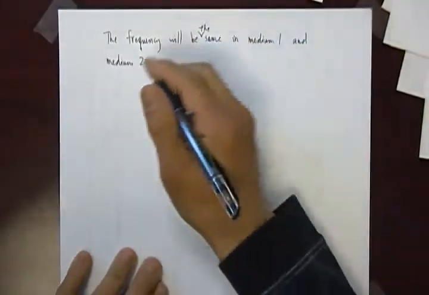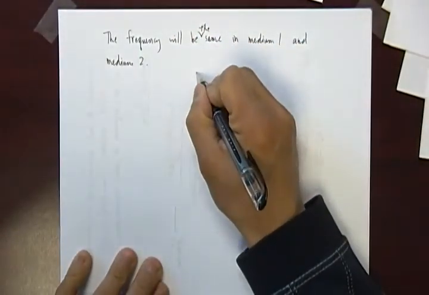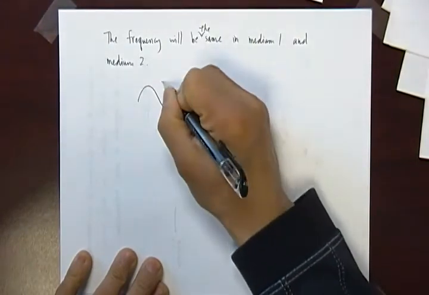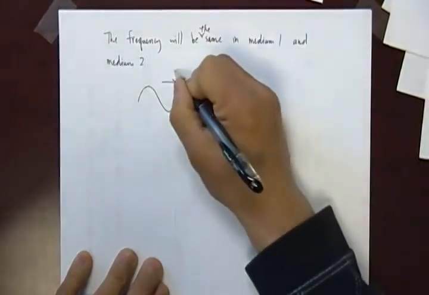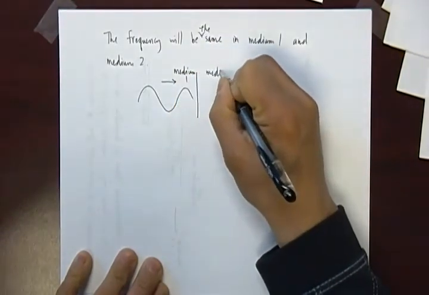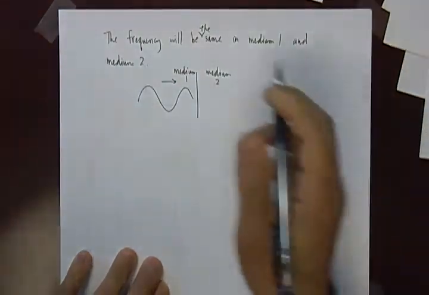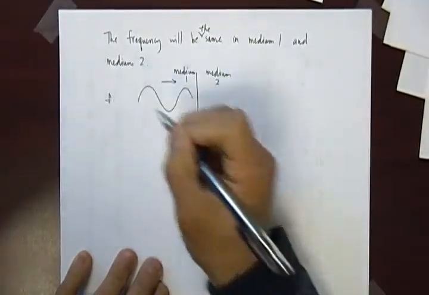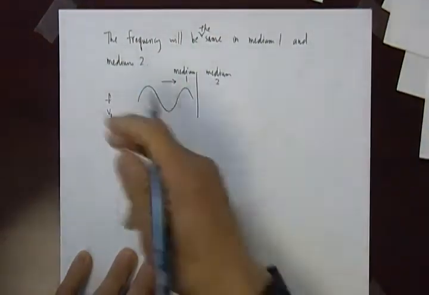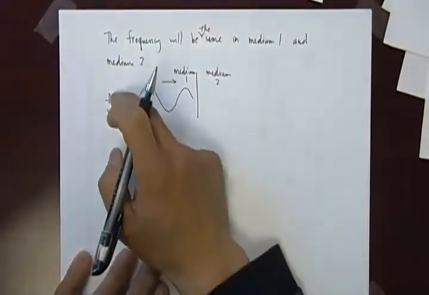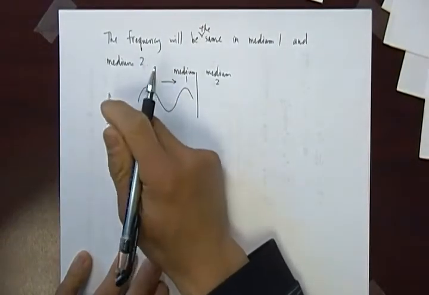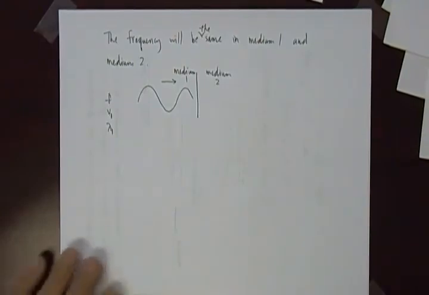Okay? So let's sort of write this down. So here I have the initial wave coming in, medium 1, medium 2. Okay, so we have frequency F, and suppose I have some wave speed V1. I'm not going to write the words, I did it in my notes, but F is for frequency, V is for wave speed, lambda is for wavelength.